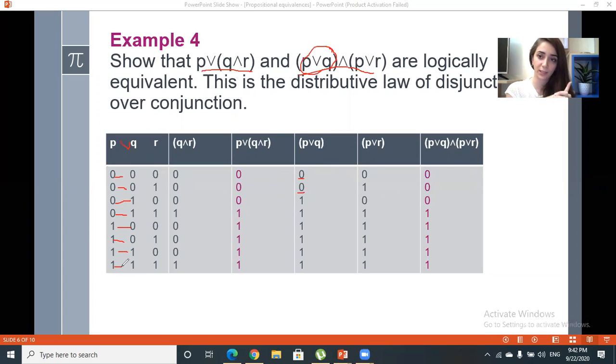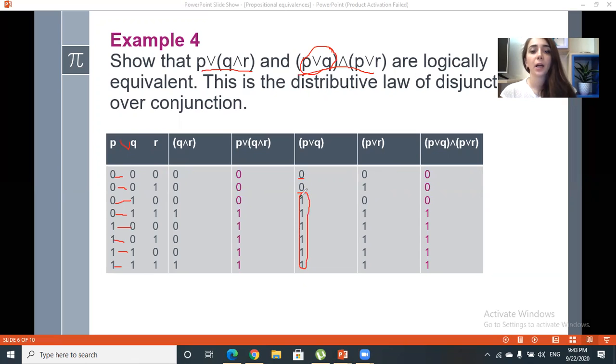One of these values is 0 and the other is 1. If we remember the definition of disjunction, we know that if one of the truth values is true, or 1, our result will be true, or 1. So here all the other results are 1.